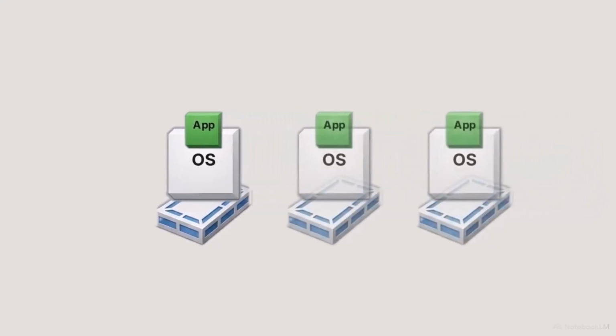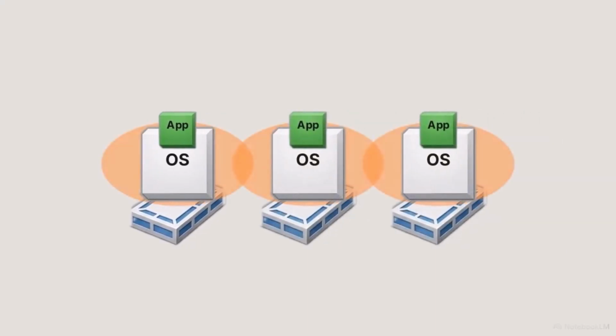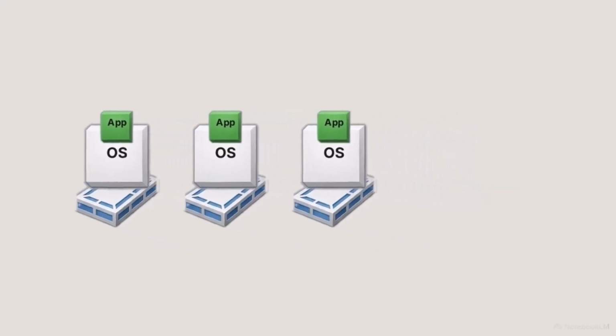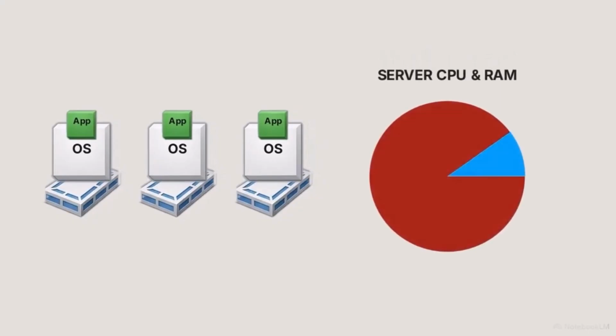To run 3 apps, you must run 3 full heavy operating systems simultaneously. This architecture is incredibly resource intensive. Most of the server's RAM and CPU power is wasted keeping these redundant operating systems alive rather than actually running the code the developer wrote.